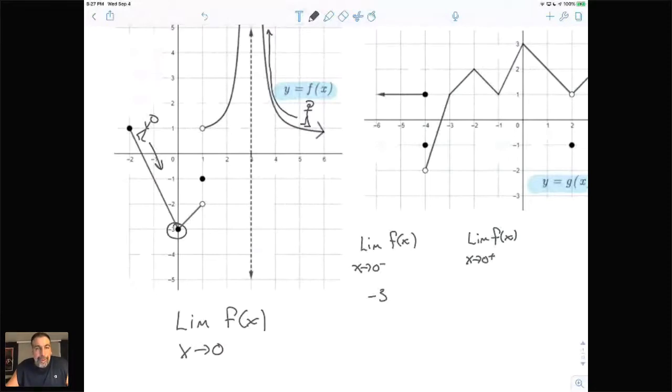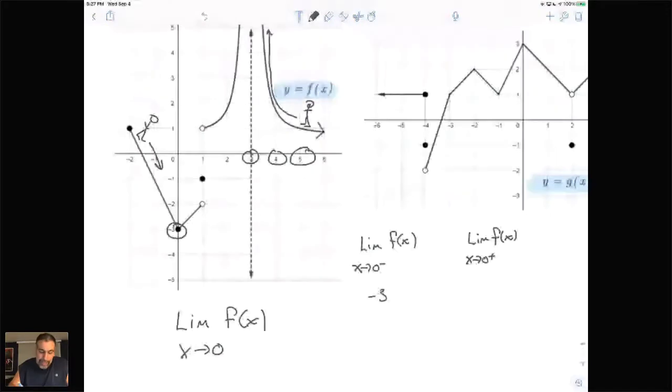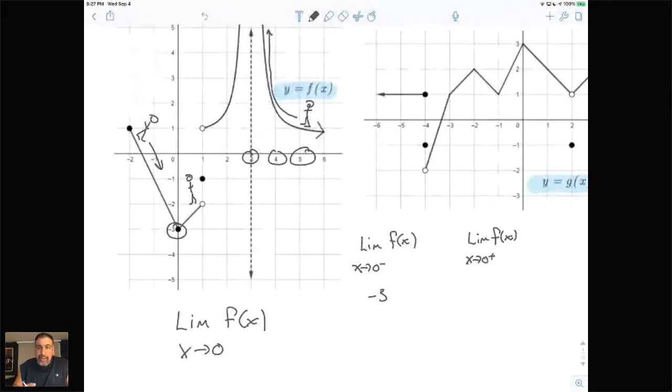Here's the idea. When you're talking about a limit and you're coming from the right, you're not coming from the far right. You're coming from the immediate right. What that means is we're trying to approach 0 from the right. There is no reason to start over here at 5 or 4 or 3. We want to start as close as possible, especially when we've got a function like this that's broken. So my advice to you would be to go over here and start, and now start walking until this guy gets to the x value of 0 and figure out what the output is there.